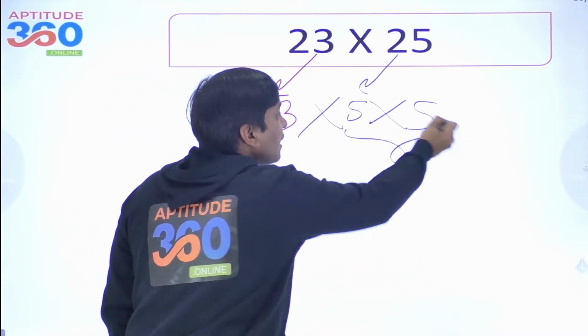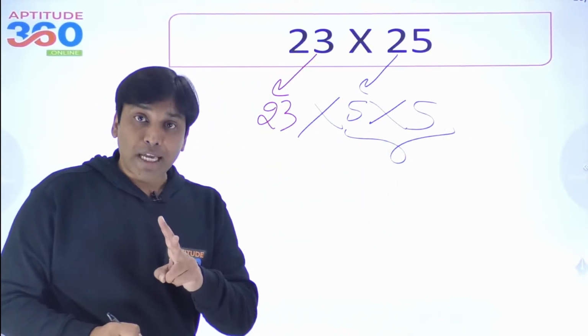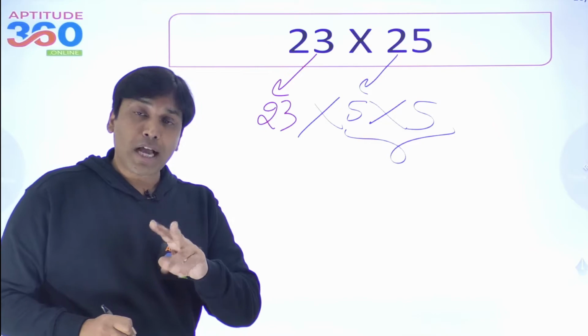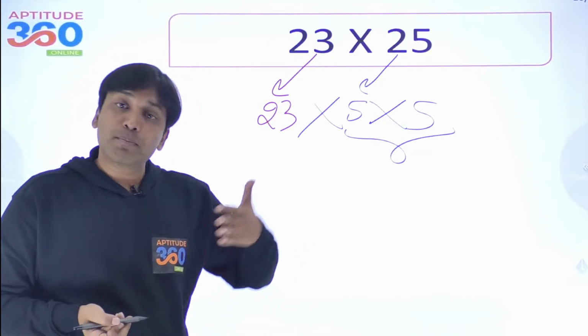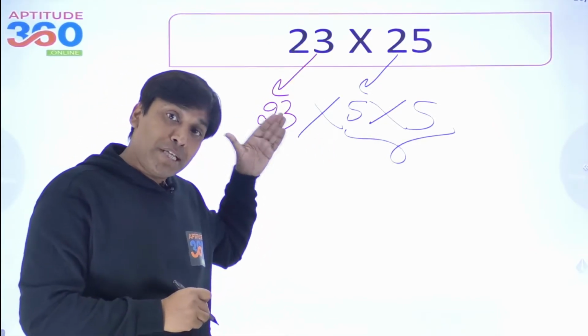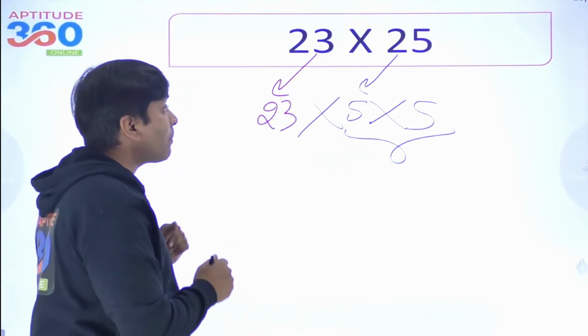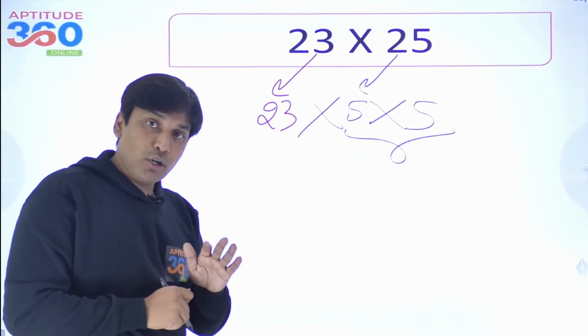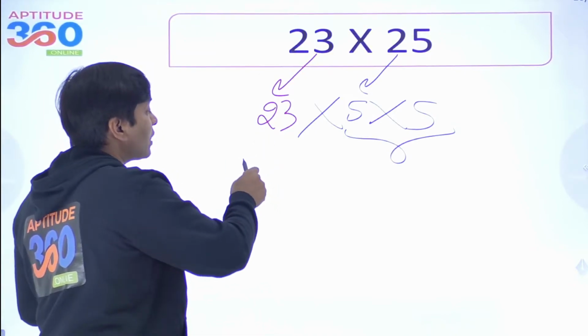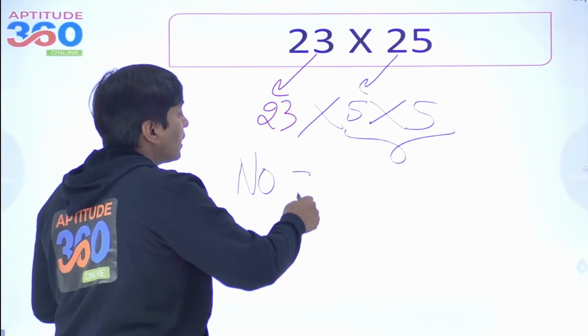So how many 5's do we have? We have got 2 5's. But how many 2's do we have? We have got none. कुछ भी, जब 2 है ही नहीं तो वहां पे जीरो बनेगा कैसे, isn't it? तो इसका मतलब क्या हो गया कि यहाँ पे तो जीरो नहीं होगा. So how many zeros are there? There will be no zeros in this product.